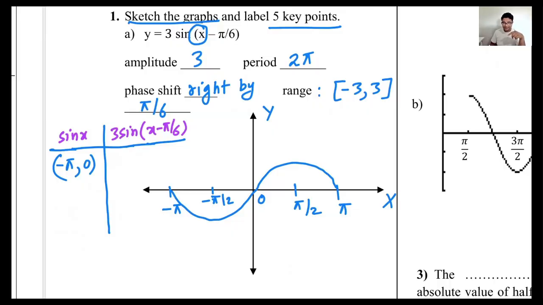What I want to get is the new point on the new graph corresponding to this minus pi, 0.